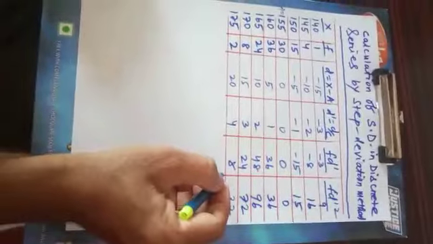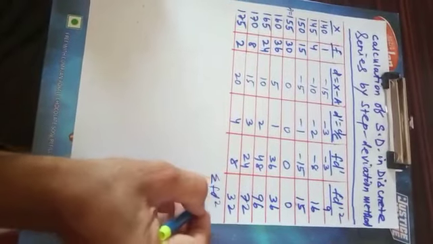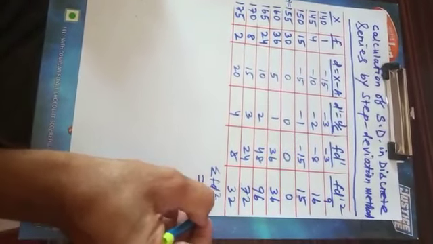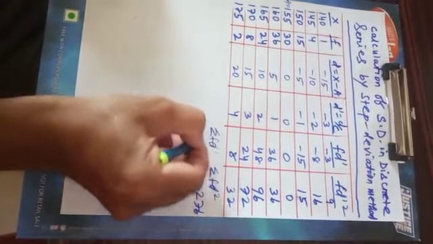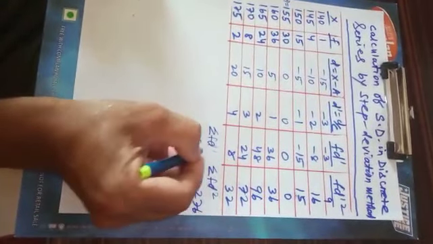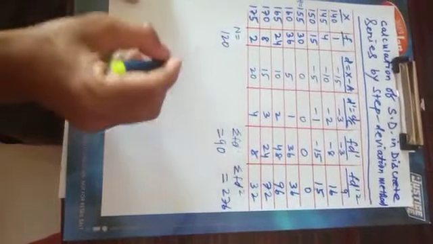Then when we are aggregating these, summation fd dash square becomes 276. Then summation fd dash comes 90. Then number of observations, summation of f, sigma f, that is n, is coming 120.